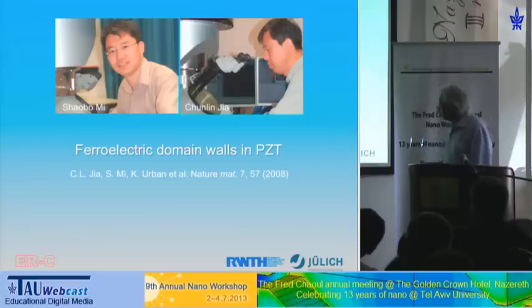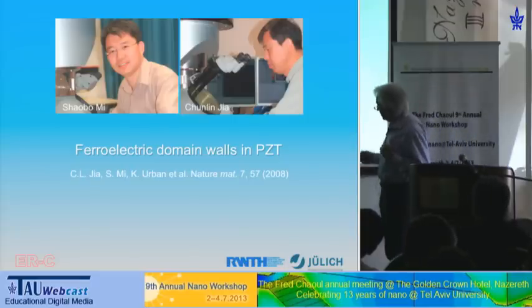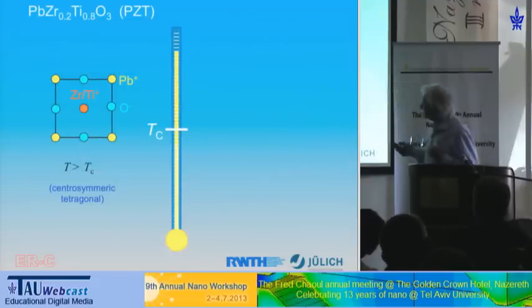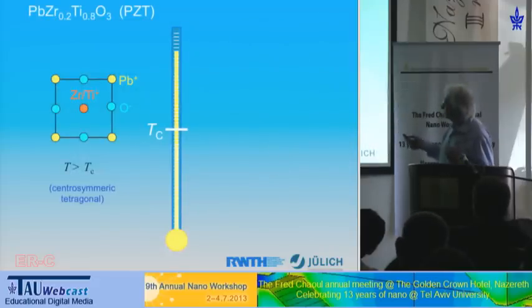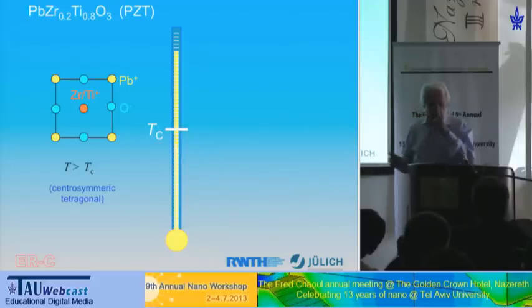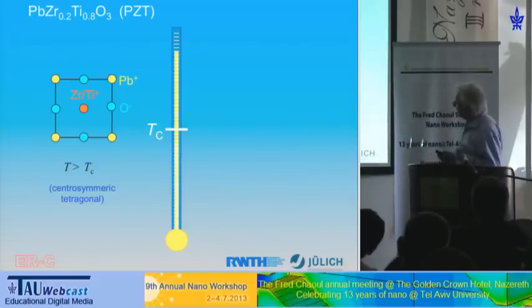So my next example is ferroelectric domain walls in PZT. PZT means lead zirconate titanate. It's in the meantime a technical ferroelectric, which is used for many applications. And just to start with, let us briefly recall what ferroelectricity means.